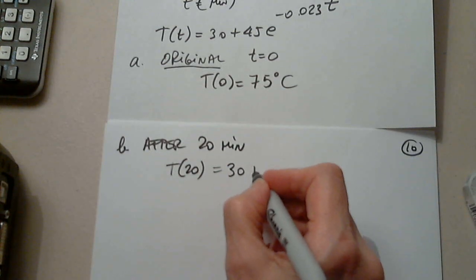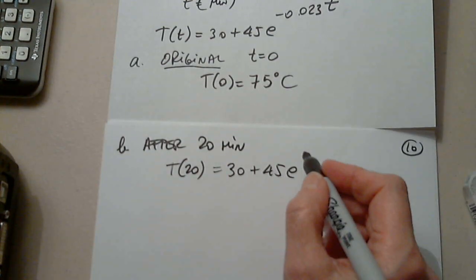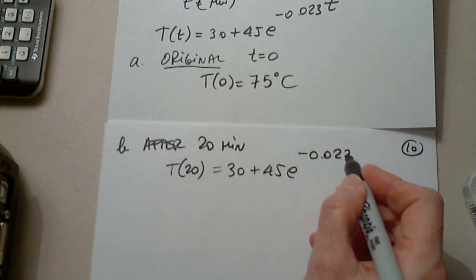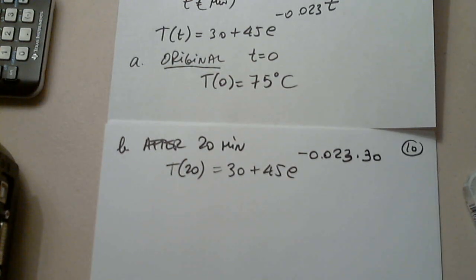So this is 30 plus 45 e to negative 0.023 times 30. I cannot do this by hand or in a blink as we did it. I have to go to the calculator, and I have 30, and then plus 45, and then e raised to power. You know I love parentheses. Negative 0.023 times 30.